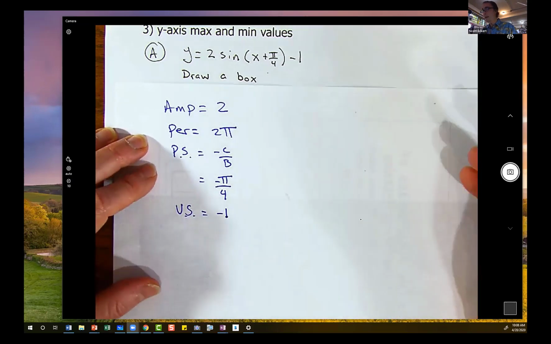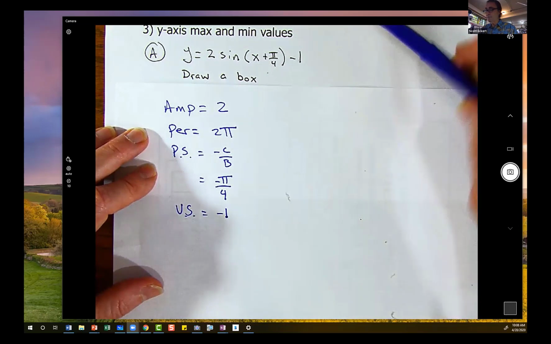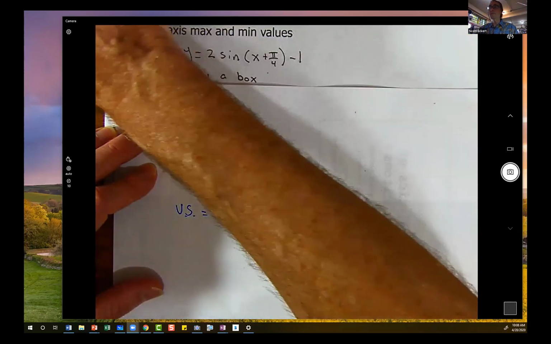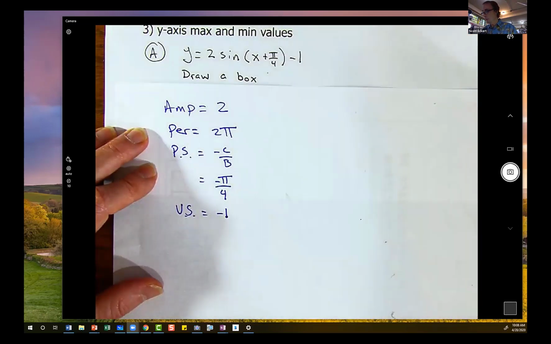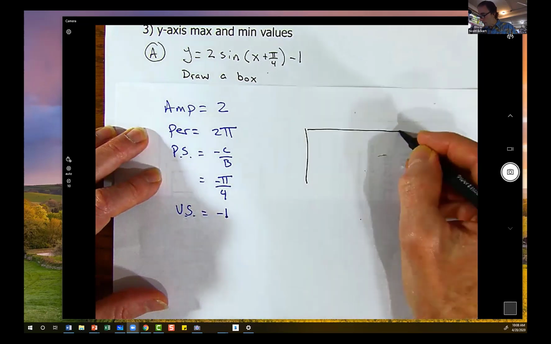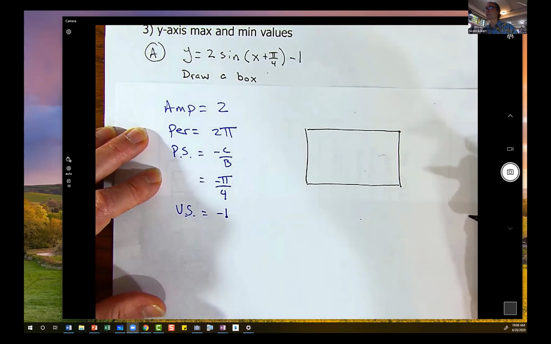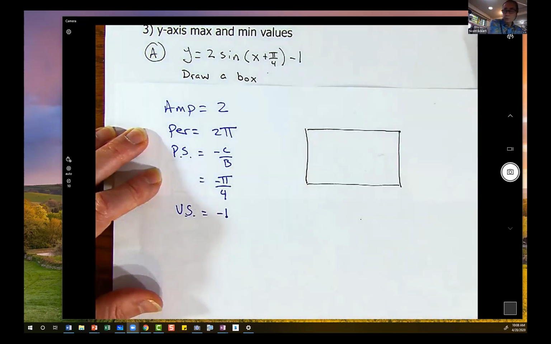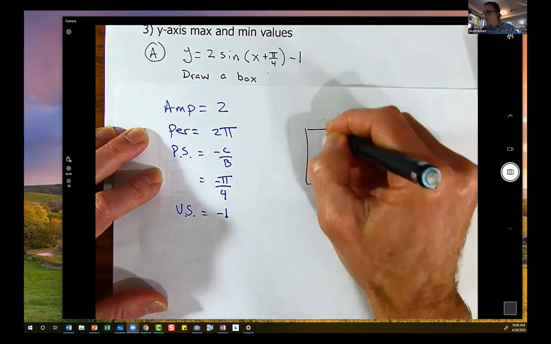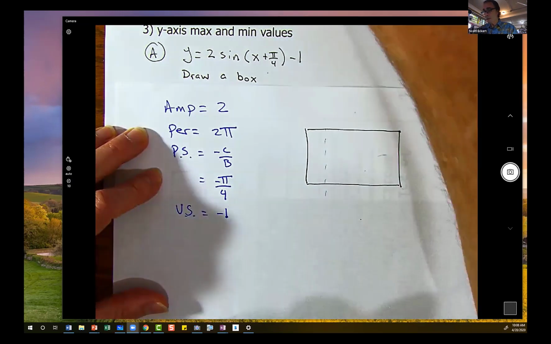Now, the xy axis can kind of throw us off. So I'm going to show you a little cheat, and several of you picked up on the cheat. When you draw your box, don't worry about the x-axis. If you're just going to sketch, just draw the box. Now the x-axis is moved over a little bit, and you could put it in there if you want, but we don't really need to.